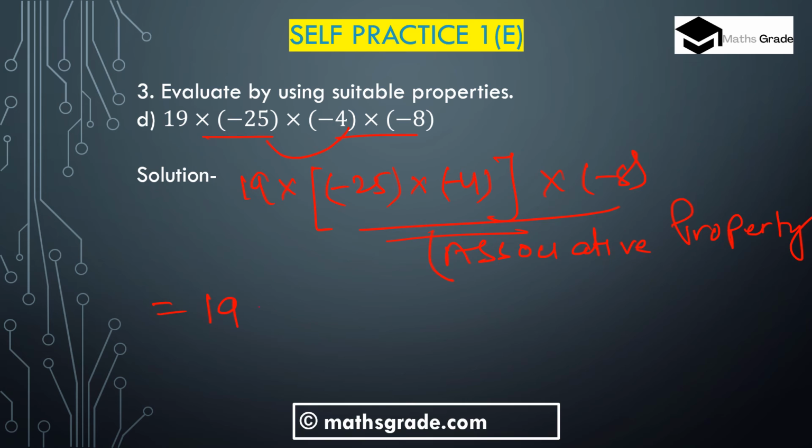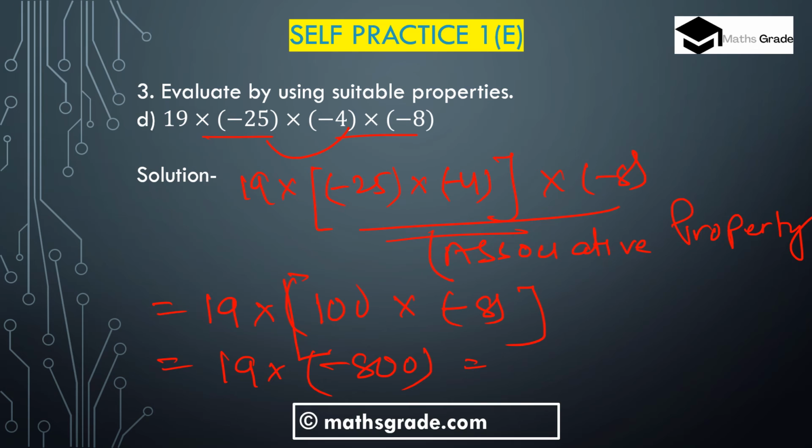Now 19 multiplied with minus 25 multiplied with minus 4: 25 multiplied with 4 is 100, and minus multiplied with minus is plus. So it is 100 multiplied with minus 8. And this property is also known as associative property. Now 19 multiplied with 100 multiplied with minus 8 is minus 800.